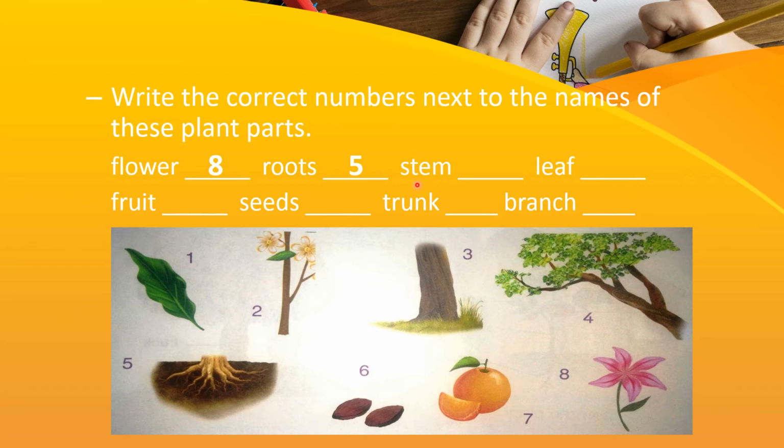Stem means thin stalk. This is called stem. The number is 2. The next word is leaf. This is leaf and the number is 1.